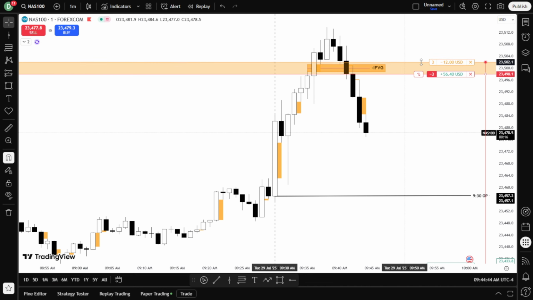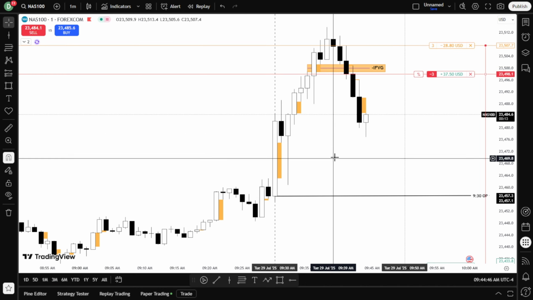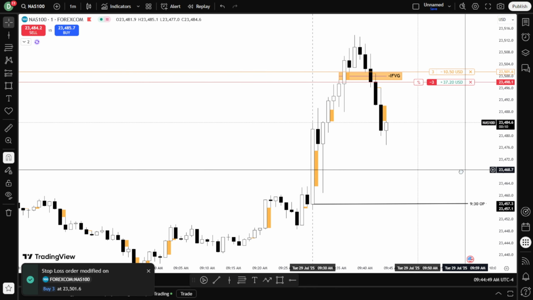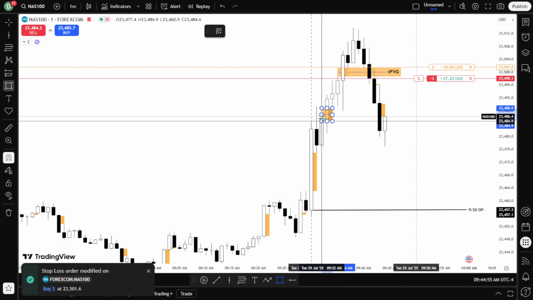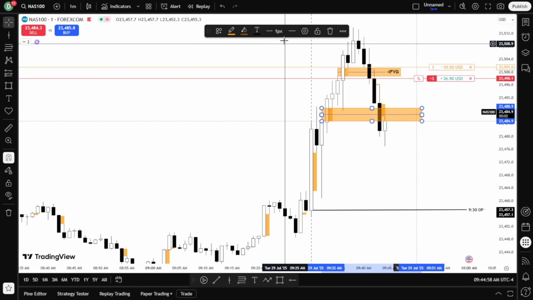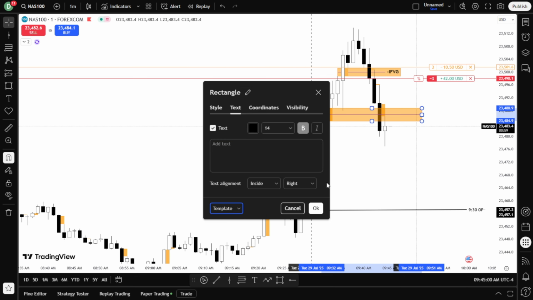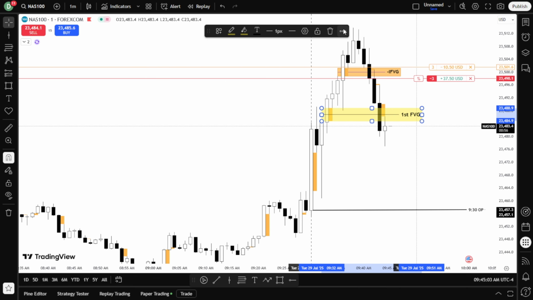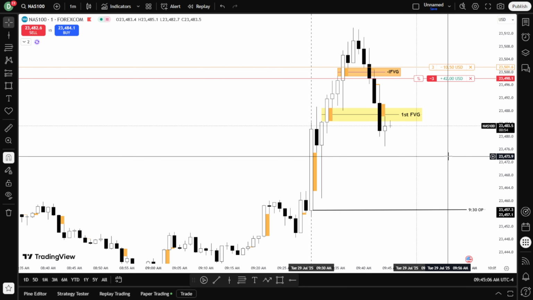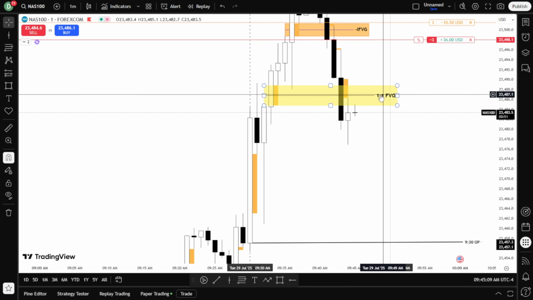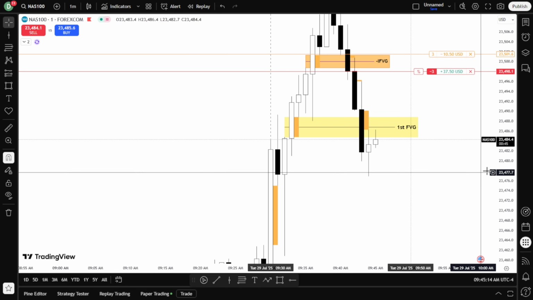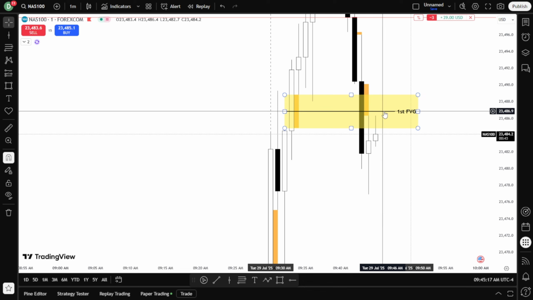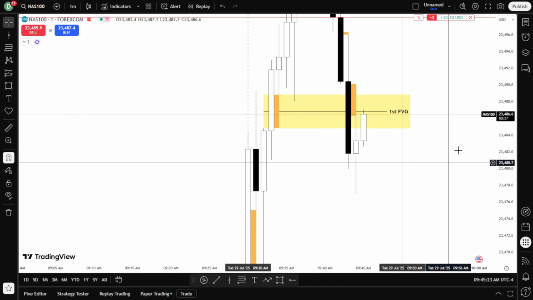Now I am reducing the risk for this trade, and this is the gap I am looking at. That is the first presented fair value gap for today, and it should act as the inversion. If bodies of candles stay below the midpoint of that gap, that will be a good sign for us.